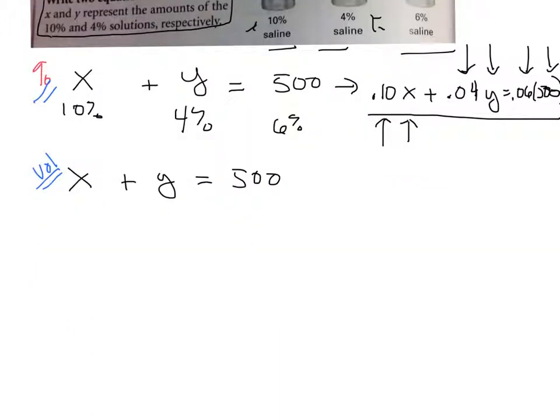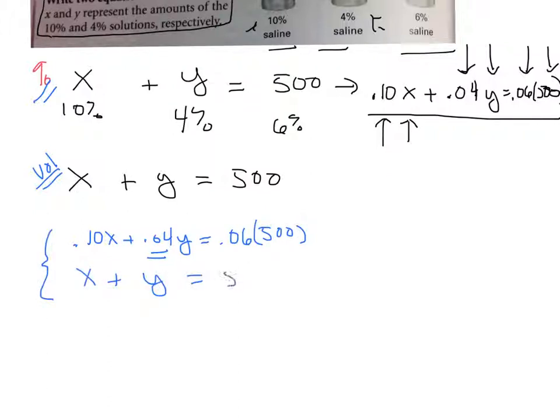Okay, so now we have our two equations. We have 0.10x plus 0.04y, be careful with the decimal placement, is equal to 0.06 times 500, and our second is x plus y is equal to 500.